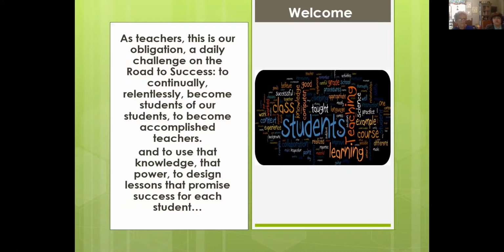We need to look at those students and decide what they need, how we as teachers can be the best for them. There's so much information out there about social emotional learning, individualization, differentiation, adaptation, modification, and a slew of other words that keep reminding us that the student in front of us is the most important. And we as teachers are called every day to make sure that that individual student becomes a part of the learning that we're doing in that classroom.